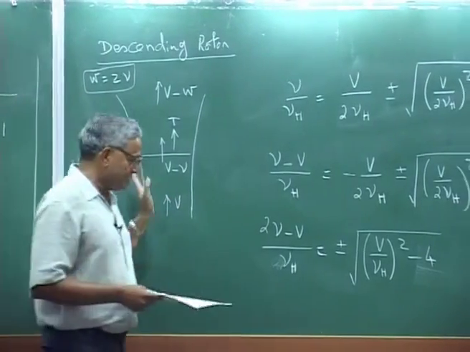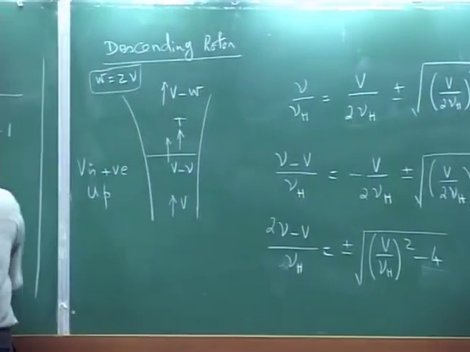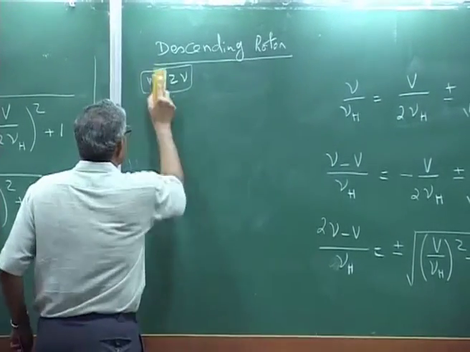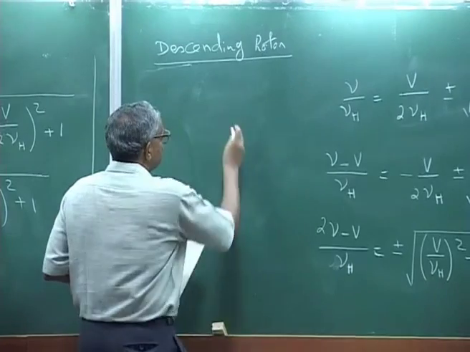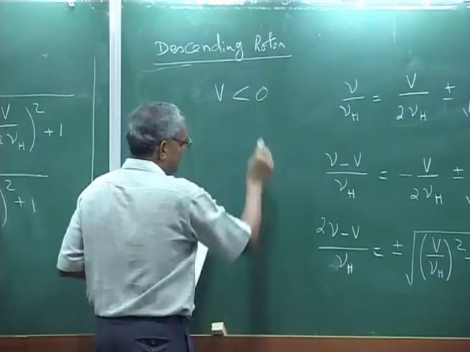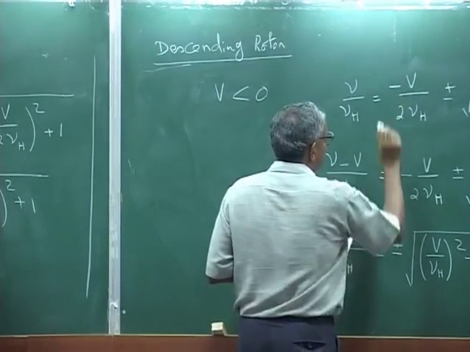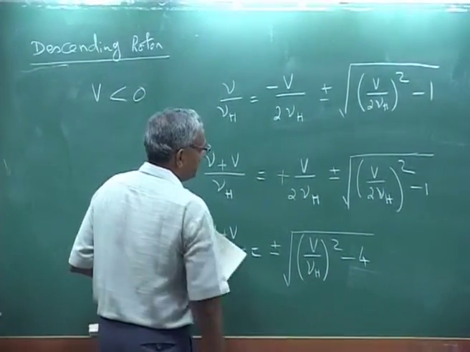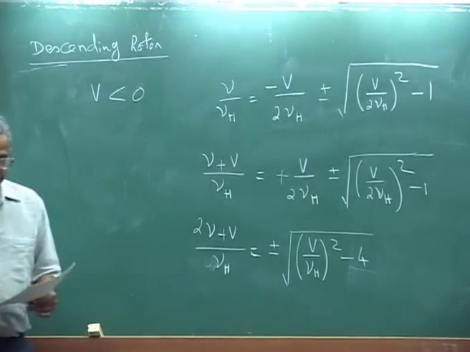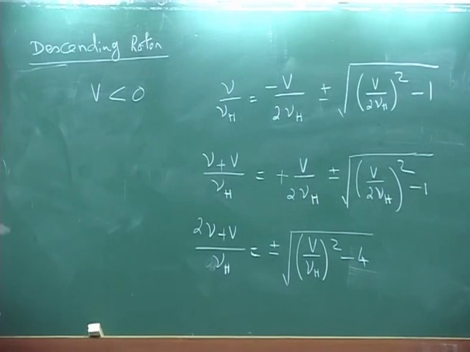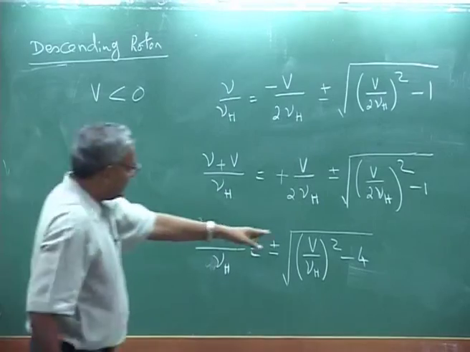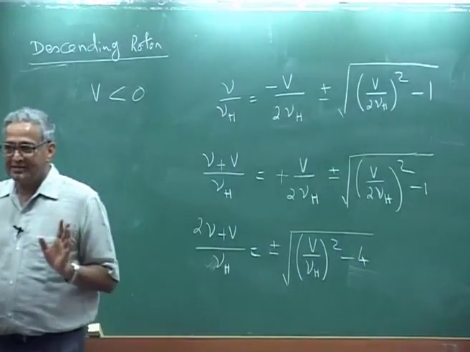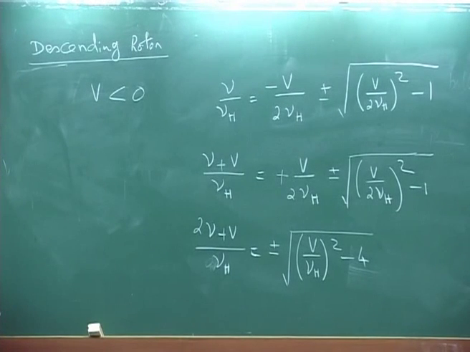So, I am going to simply erase this diagram, and then I will write descending rotor, there V positive, here I will say V less than 0, I will put a minus sign here, and this will become plus, plus, plus, that is all. Okay. Just the sign will change, whereas inside the square, these are all square terms, so it does not matter. So, only change of sign, you follow.